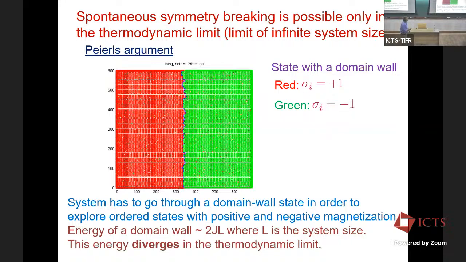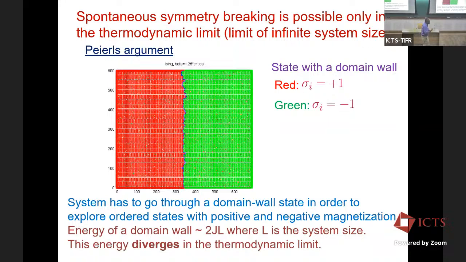Because every time you're creating a domain wall, on this side you have an up spin, and on that side you have a down spin. And whenever you have an up-down spin pair, there is an energy penalty of 2J associated with that. So to create a domain wall which spans the whole system, you need an energy of 2 times J times L. And this energy becomes infinitely large in the thermodynamic limit.